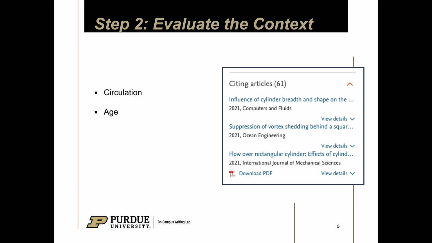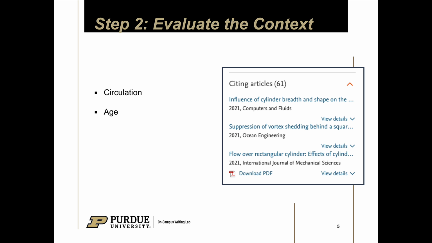The next point, circulation, refers to the overall reach of a text, or how widely it's been cited. As you read, you'll encounter articles that have been cited once or twice, and you'll encounter others that have been cited hundreds or even thousands of times. Look for metadata that says something like article metrics, or a link to work that has cited this article.